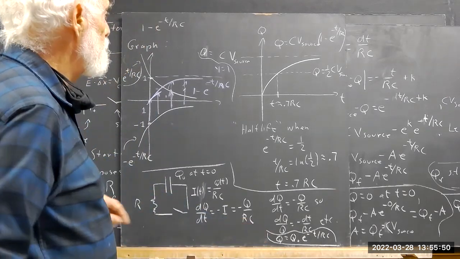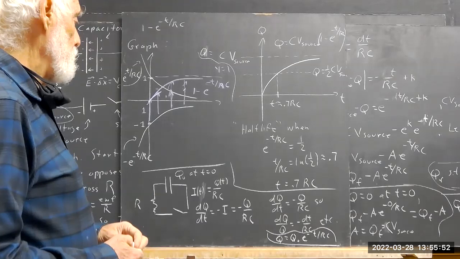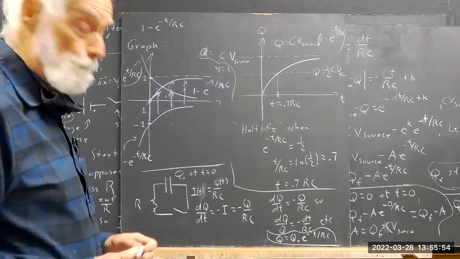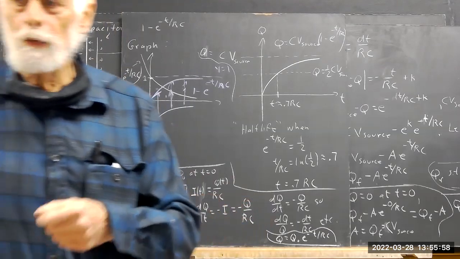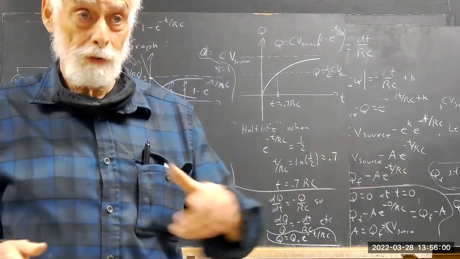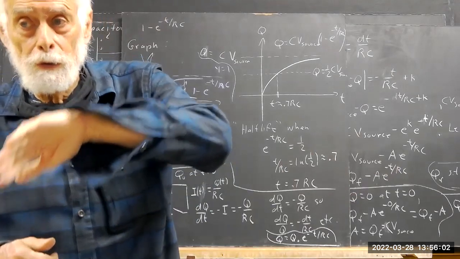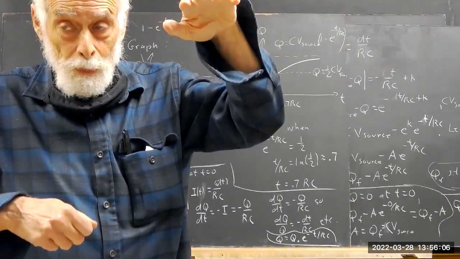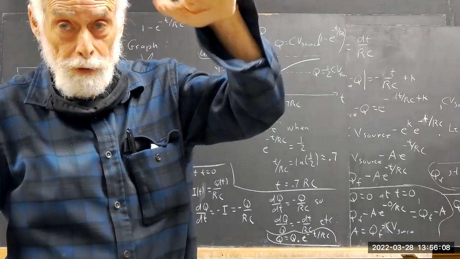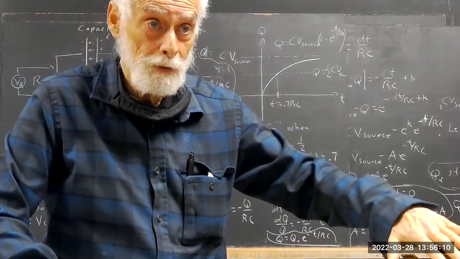Now, this leads ultimately to what happens in an alternating circuit. Just think about this. We did this in lab: cranking this thing forward, the current goes up like this. Now you crank it backward. Well, now the voltage of the source is down here. It's going to exponentially approach this.